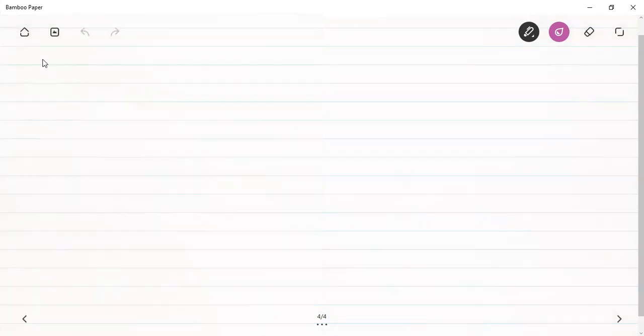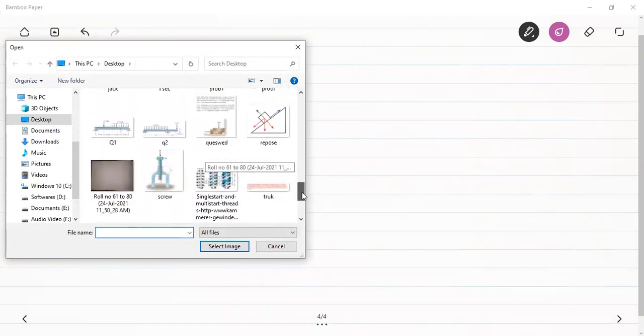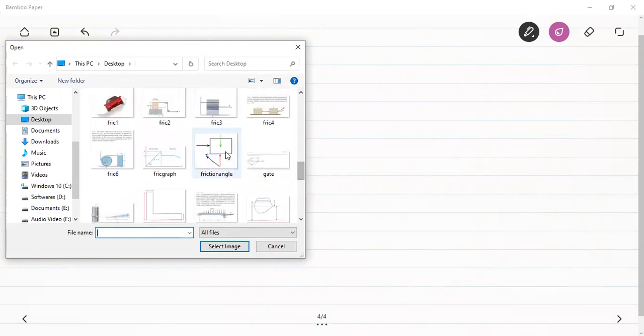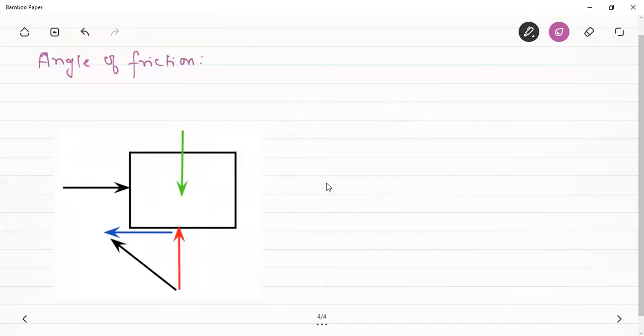One concept is the angle of friction. To see what the angle of friction is, let's see the schematic here. Let's first of all define the angle of friction.